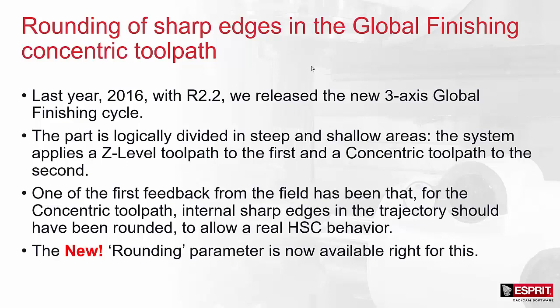The system applies a Z-level toolpath to the first and a concentric toolpath to the second. One of the first feedbacks from the field has been that for the concentric toolpath, internal edges in the trajectory should have been rounded to allow real ASC behavior, high-speed cutting. The new rounding parameter is now available right for this.